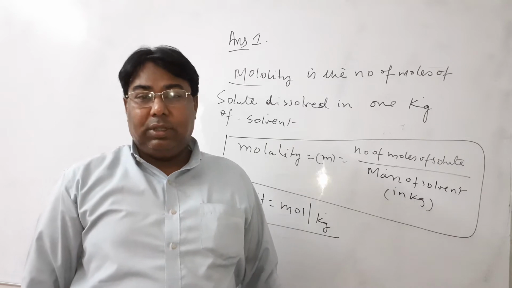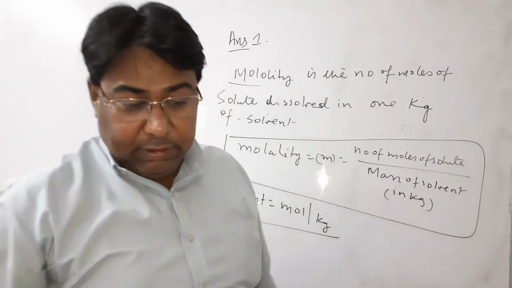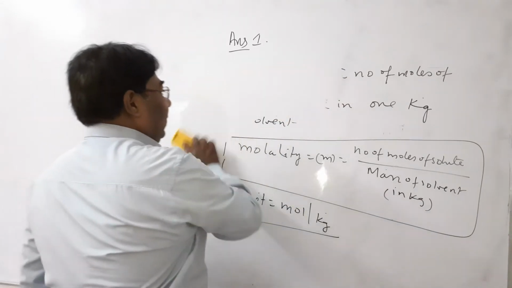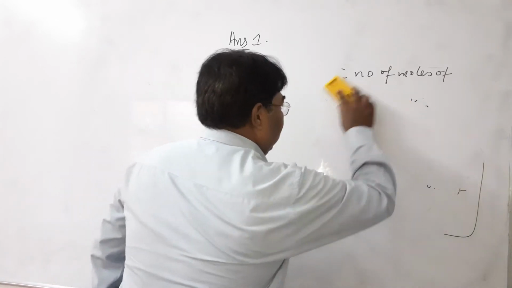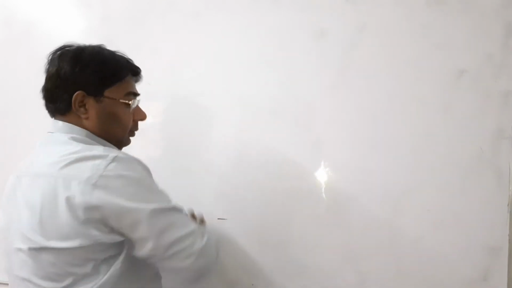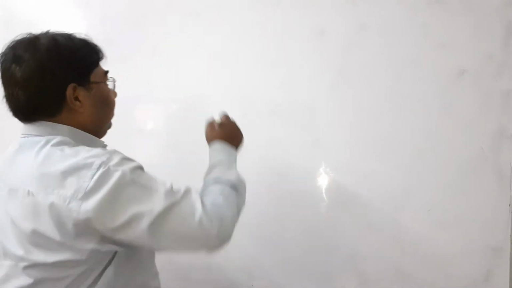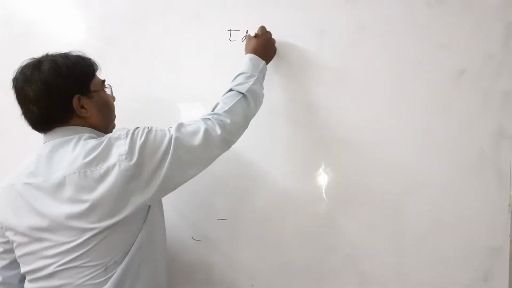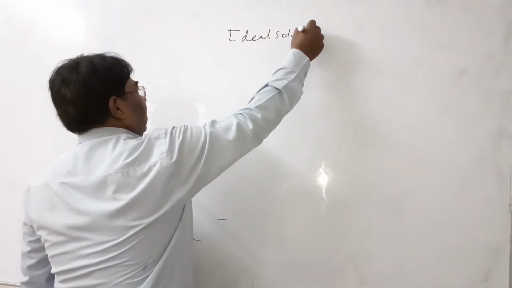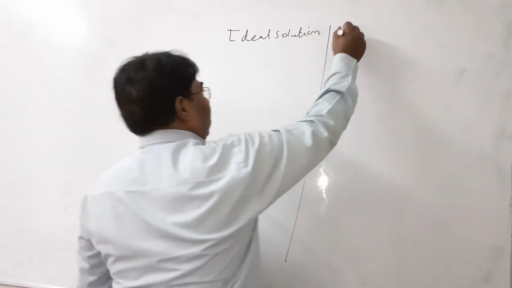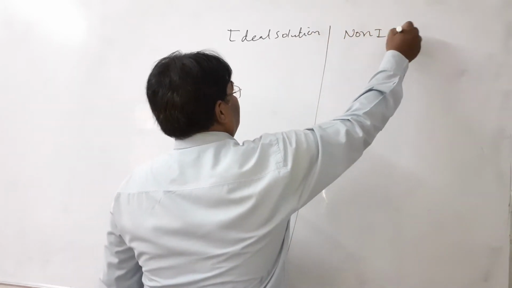Now we discuss question number 2, which is the difference between ideal and non-ideal solution. So 3 points are required. Number 1, ideal solution. Number 2, non-ideal solution.